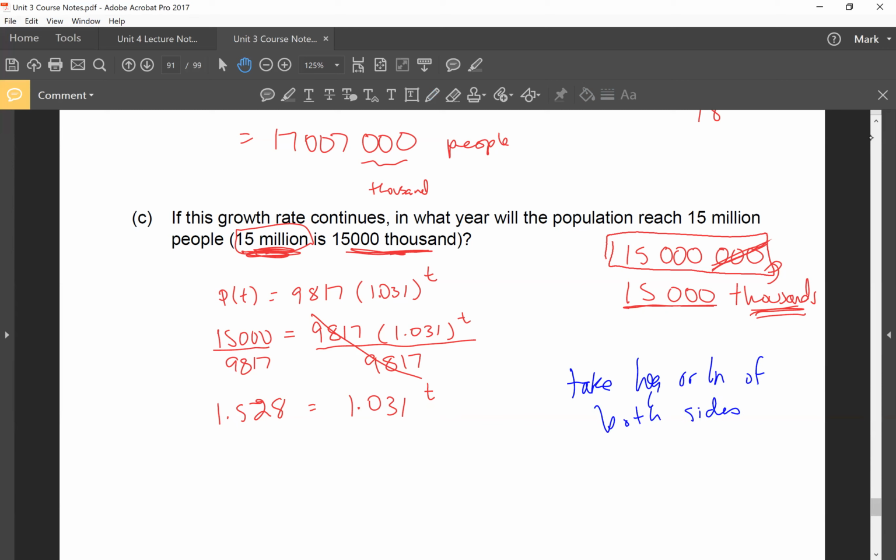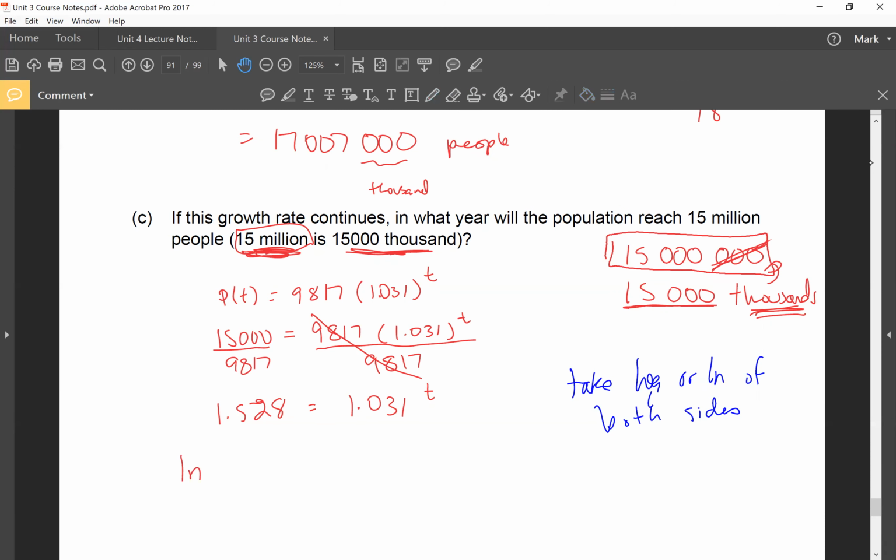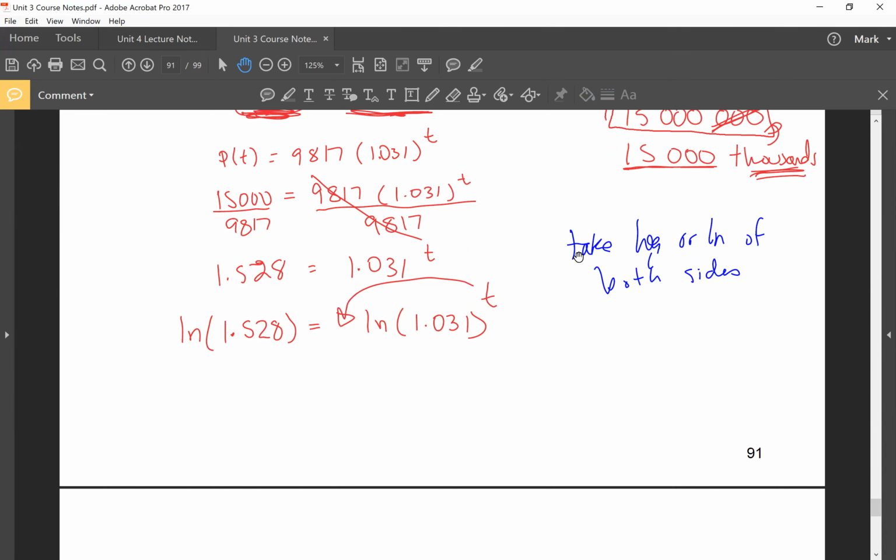Okay, so I'm just going to pick ln because at least with ln, you'll never be wrong. So I'll just go ln 1.528 equals ln 1.031 to the T.